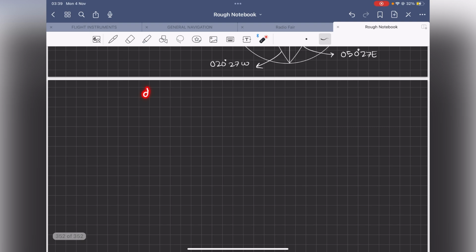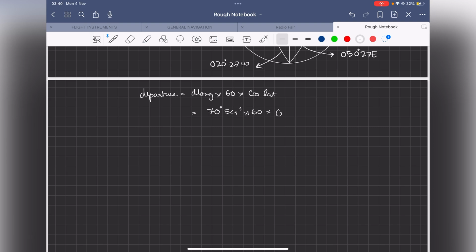So what is my departure? My departure is D long into 60 into cos of my latitude, which in my case would be 70 degrees 54 minutes into 60 into cos of 40 degrees 30 minutes, cos of my latitude.